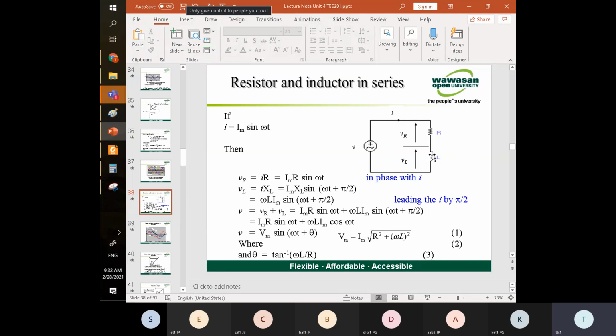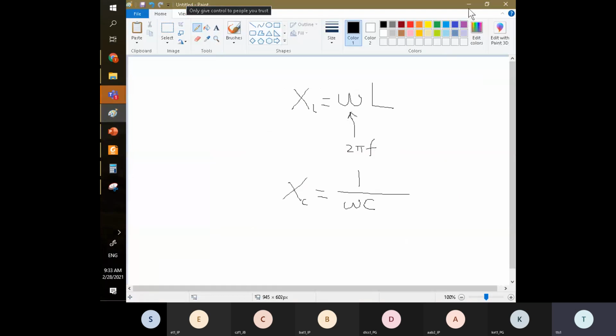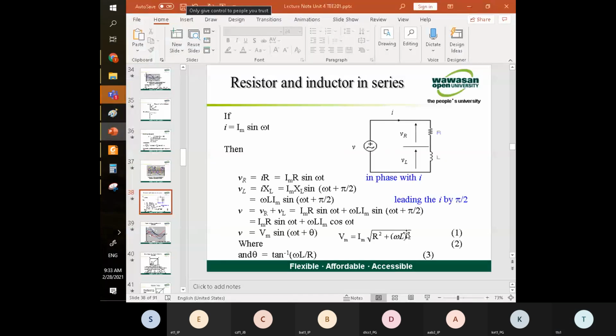Somehow we need to add these two to become one. We call it the total impedance of these two loads. R is purely resistive, just R squared. But for the inductive load, we need to use the omega L, as you know, right? I already wrote here, omega L. You square each, then you can find the total impedance, Z, okay? Total impedance is Z, right?